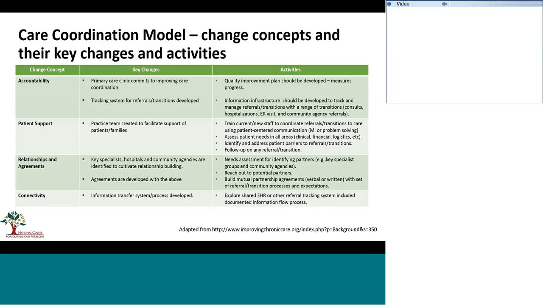For example, under patient support, the key change is that a practice team is created to facilitate support of patients and their families. So, for example, a practice team would be created to facilitate support of diabetic patients and their families.